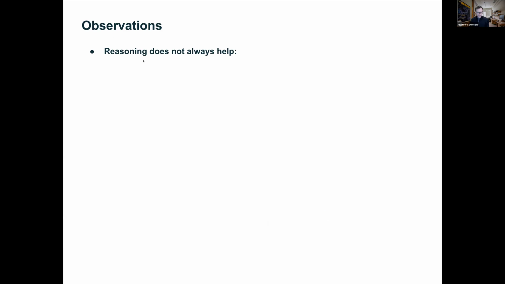Some of the observations are unexpected. One of them is that reasoning does not always help. In several cases, I've encountered models that have reasoning in them, but they tend to overthink. In some cases, it can drive up the cost substantially without producing any higher percent correctness.